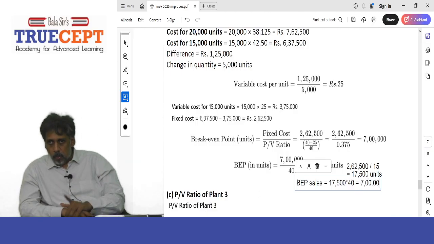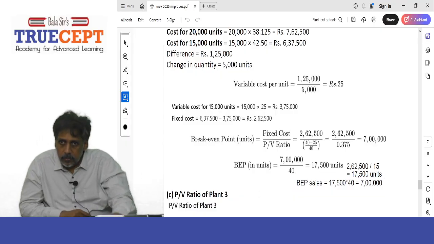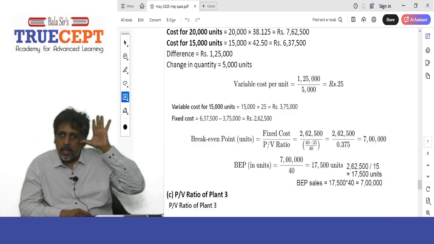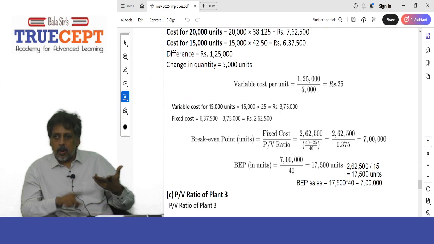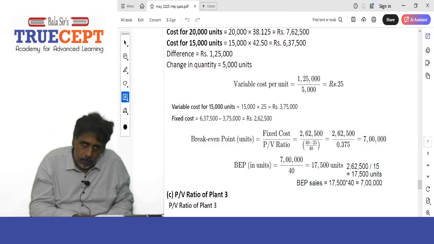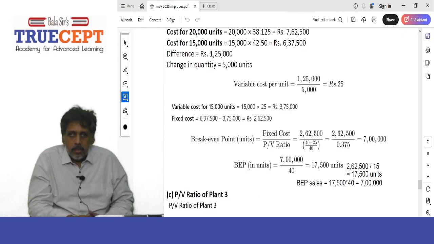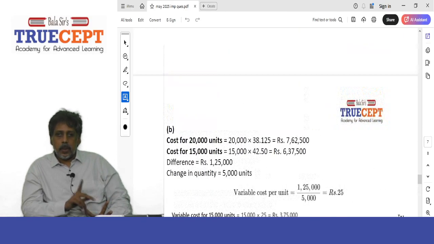What he has done is he first calculated the break-even sales, dividing the fixed cost by the PV ratio, which is 0.375 or 37.5%, and then he divided 7 lakh rupees by the 40 rupees selling price per unit to find the number of units. Got it? So now we shall go to the question and read the data regarding plant 3.